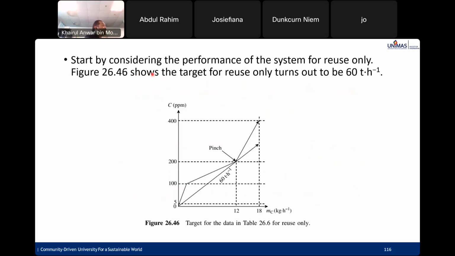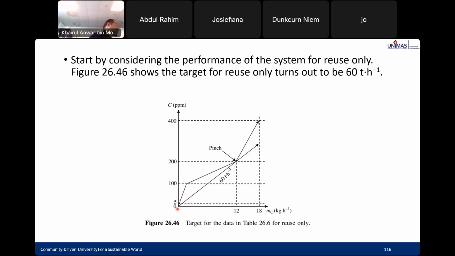Start by considering the target for the process for reuse only. For reuse only, you require 60 tons per hour of fresh water. So from here, the target for this data interval for reuse only is this.